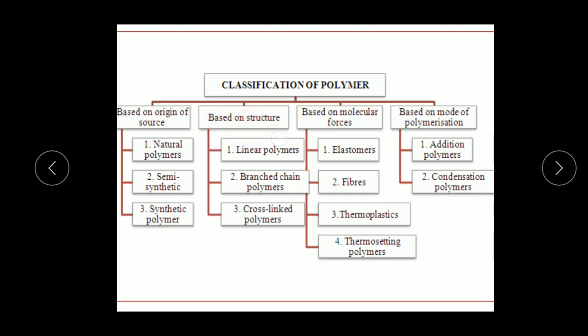Based on structure, we have linear polymers, branched chain polymers, and cross-linked polymers. Based on the molecular force, we have elastomers, fibers, thermoplastics, and thermosetting polymers. Based on the mode of polymerization, we have addition polymers and condensation polymers.